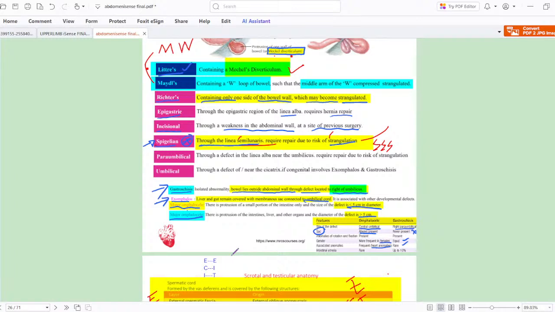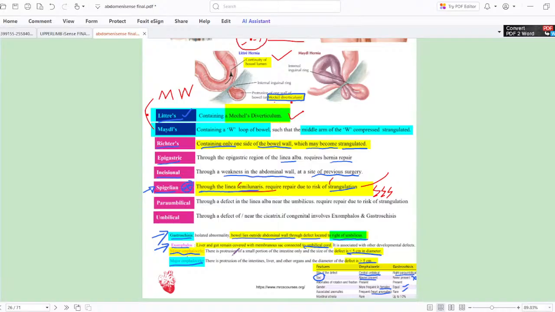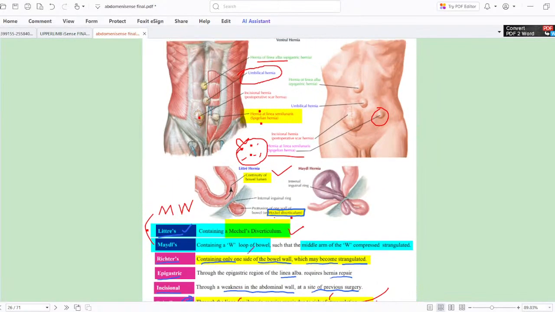What is paraumbilical and umbilical then? Paraumbilical means not directly through the umbilicus, but at the side of the umbilicus, around the umbilicus. Suppose this is the umbilicus. If a hernia occurs through this during birth, this will be omphalocele. If it is less than 5 centimeters, minor. If it is more than 5 centimeters, major omphalocele.